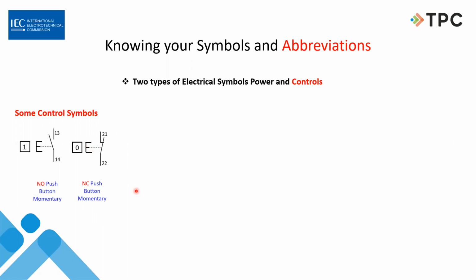And when I get this little box with this 0 in there, I know that this is a stop button. So I get this symbol on a print, and I know that it's a stop button, and it's normally closed. And this number tells me it's normally closed. The second digit here, this 1 and 2, means it's a normally closed contact.